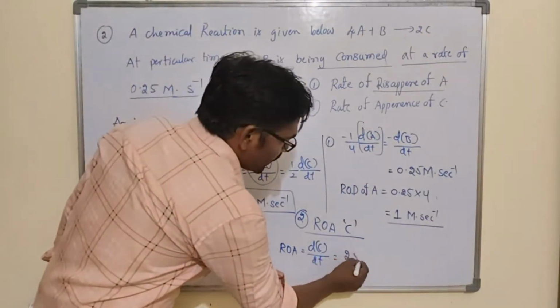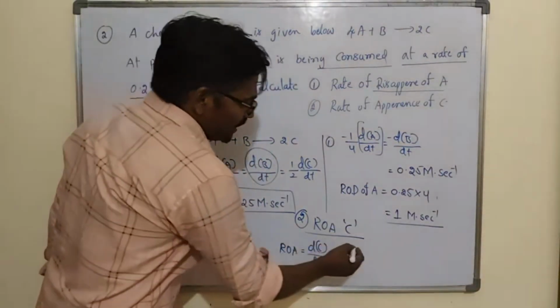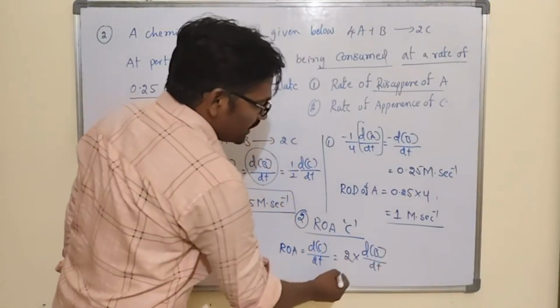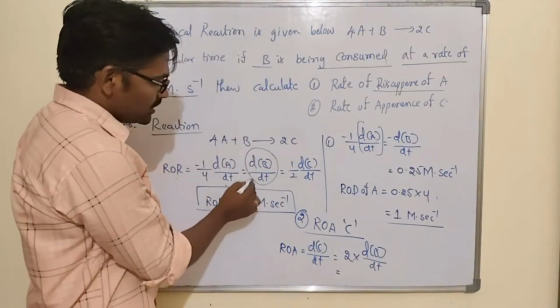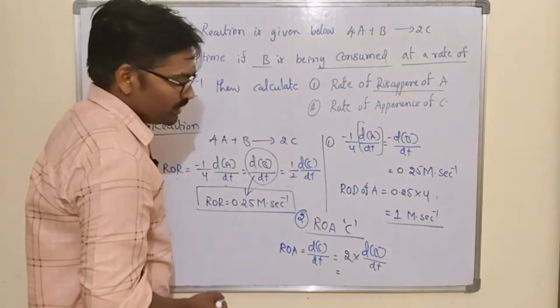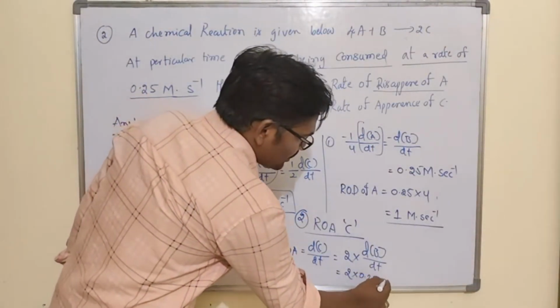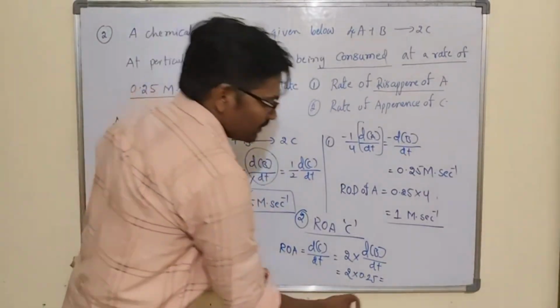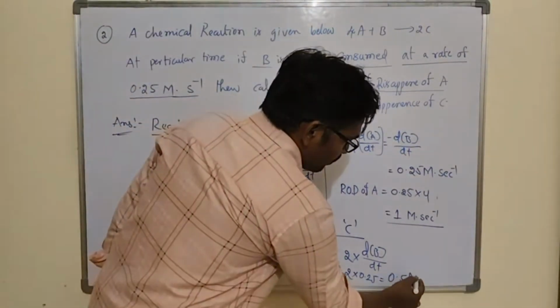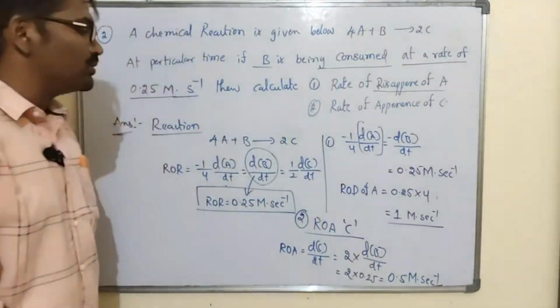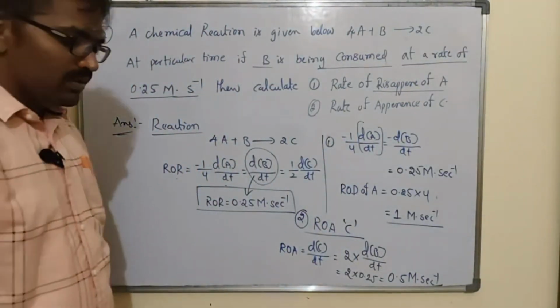So 2 into d[B]/dt, and this is the value of d[B]/dt. So 2 into 0.25 you get 0.5. So 0.5 molarity second inverse. Understand, my dear students? So this is the question.